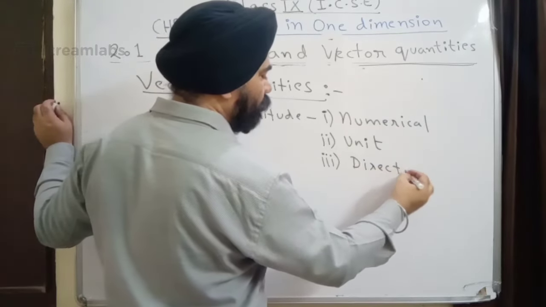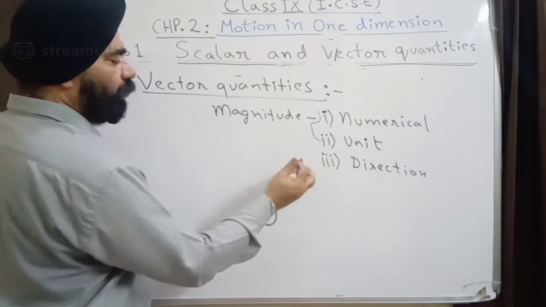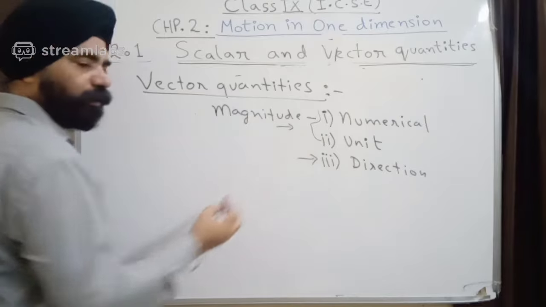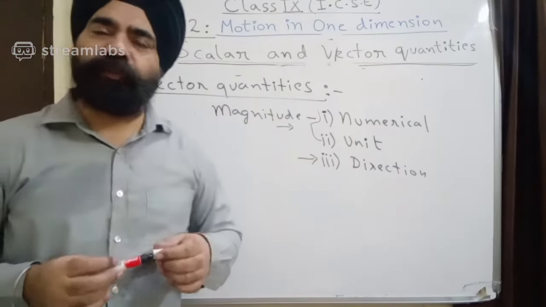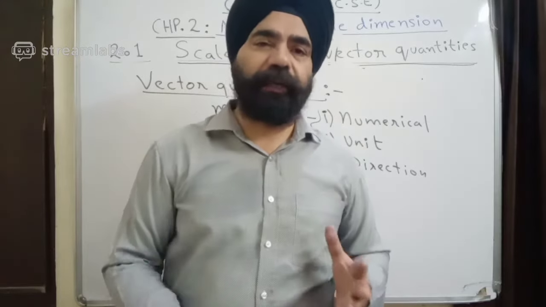So we need three things. These two form the magnitude, and then I need direction also. I need both magnitude as well as direction to fully define a vector quantity.